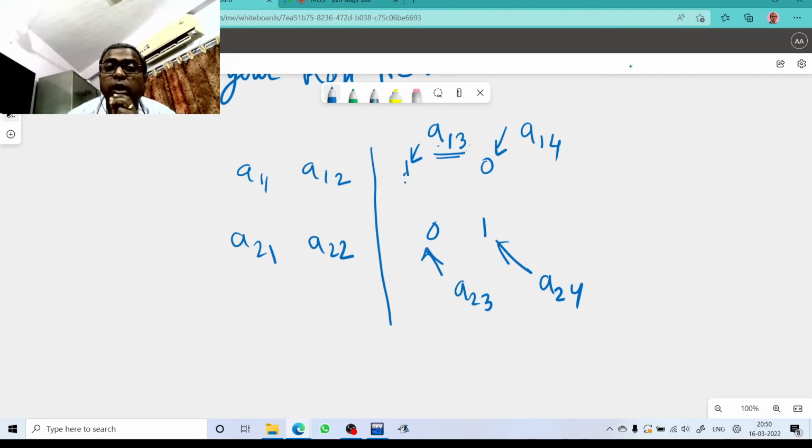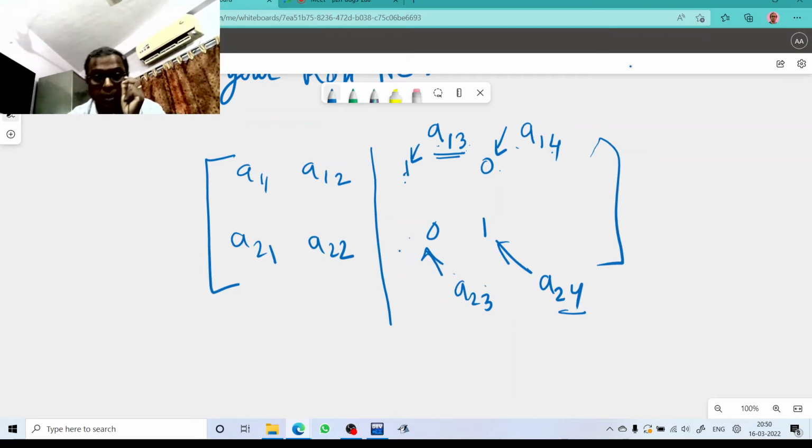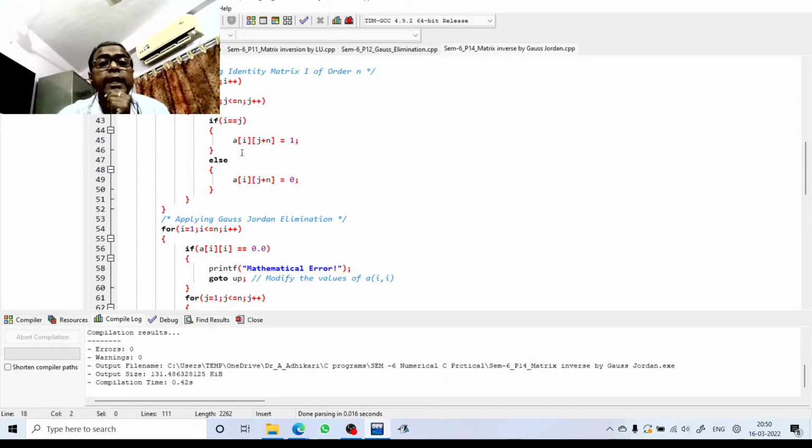So A13 means 1, A14 means 0, A23 means 0, A24 equal to 1. In the 2 by 2 Gauss-Jordan method, the original matrix is A11, A12, A21, A22, and the identity matrix is 1 0 0 1. In the first row this 1 is A13, this 0 is A14, and in the second row this 0 is A23 and this 1 is A24. So in the C program we write Aij plus n equal to 1 or 0.